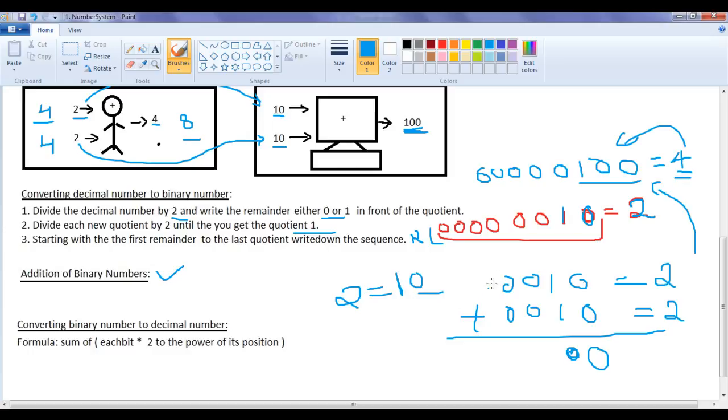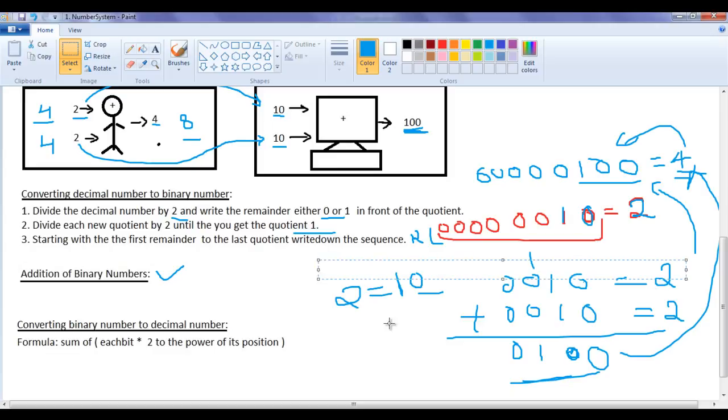And this 1 will be carried to the next position. 1 plus 0 is 1, 0 plus 0 is 0. So the final output that we got is 0 1 0 0, which is actually 4. This is how we are going to add binary numbers. Hope you guys have understood how we add binary numbers.